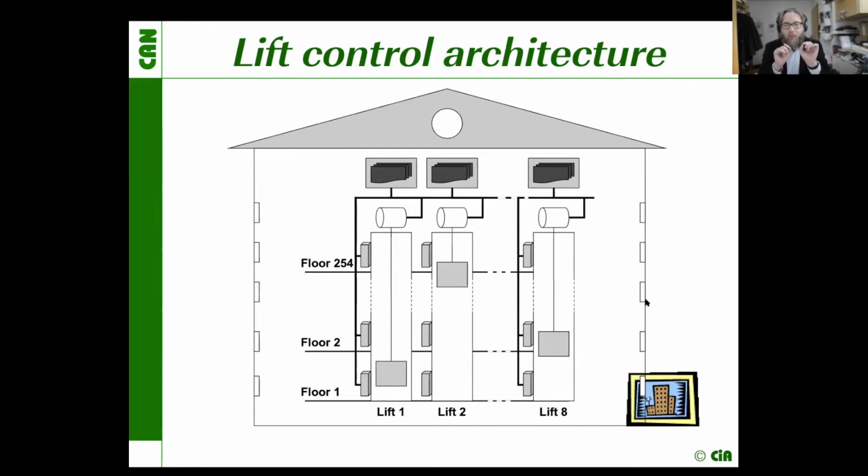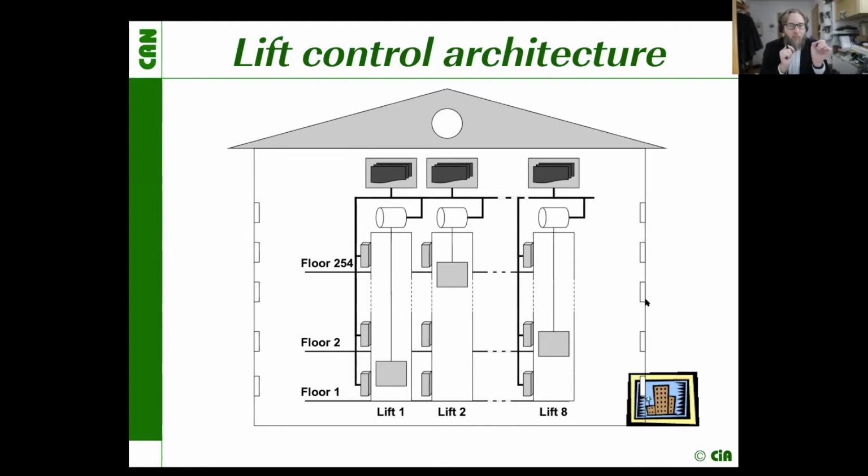So how is it possible to cover a complete Lift application with maybe up to 8 lifts and 254 floors with 250 meters? Of course, it's not possible. So we need to think about segmenting the network physically to make that possible. The same with the number of devices.